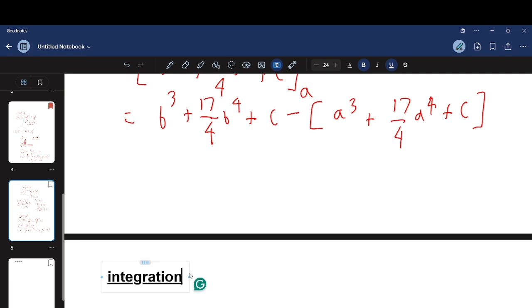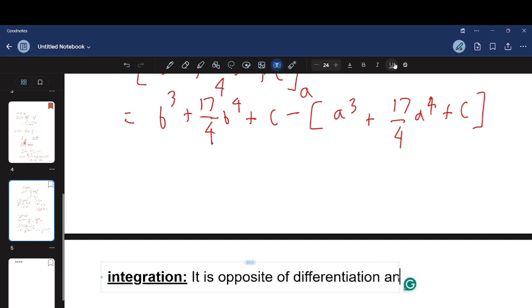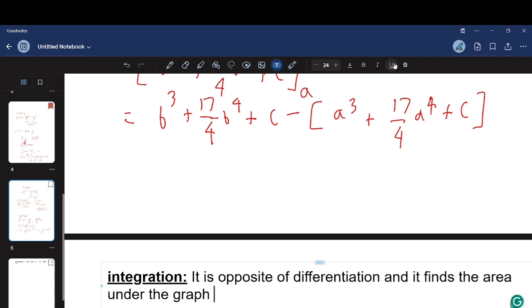I'm providing you with the definition of integration. It is the opposite of differentiation, and it finds the area under the graph when limits are provided.